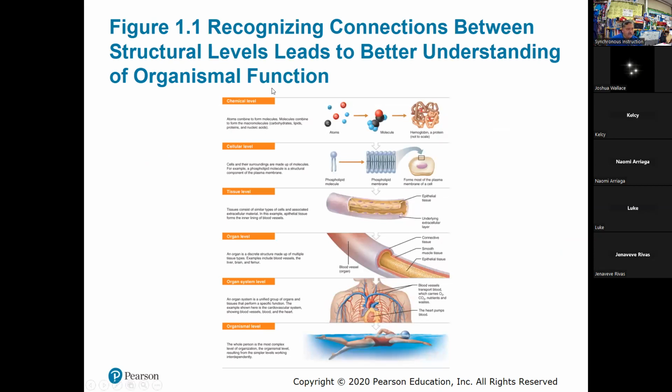For an anatomy or physiology class, you see the chemical level is very small, and then it goes cellular, tissue, organ, system, then finally the organismal or individual layer. That might be a little wider and give you a different diagram, but they're very similar, whether you put the words in the base upside down or right side up. You get the idea, they all kind of lead to each other.